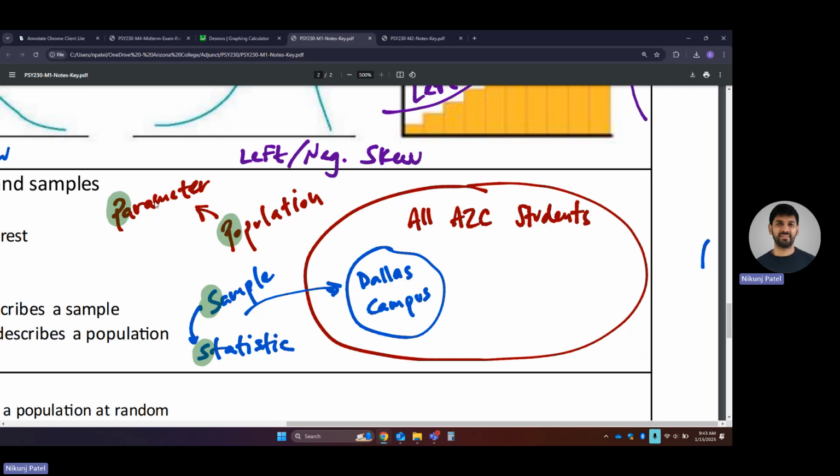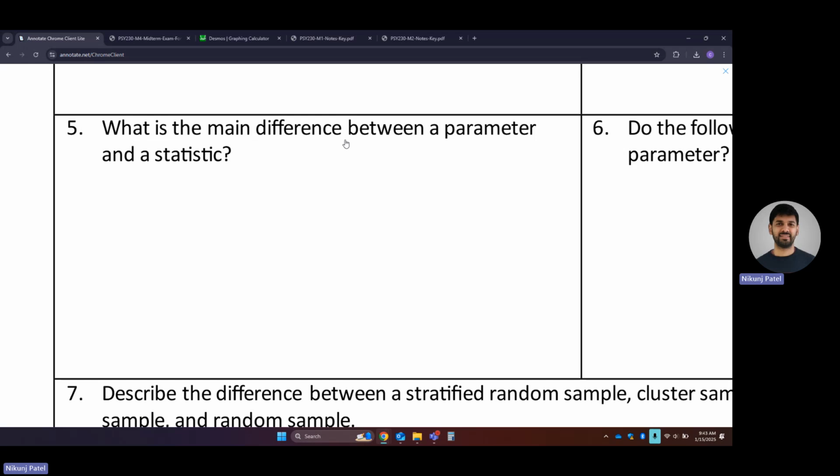Any number that you calculate from a population is a parameter, and any number that you calculate from the sample group is called a statistic. And it's pretty convenient that the two words that start with the same letter go along with each other. Population goes with parameter, sample goes with statistic. So a really helpful thing to remember during the exam. So what's the main difference between a parameter and a statistic? It's exactly that. Parameter goes with population, and a statistic goes with the sample.